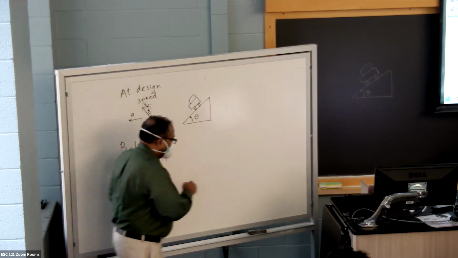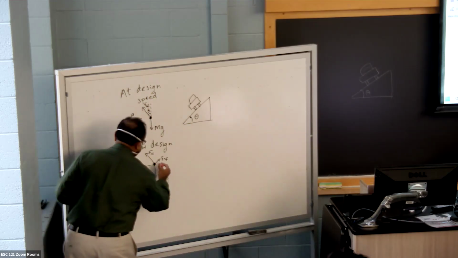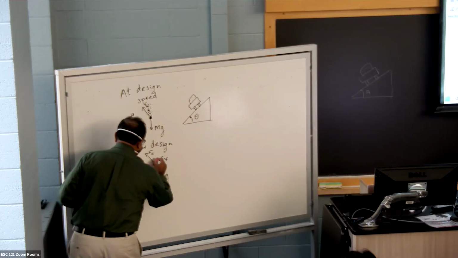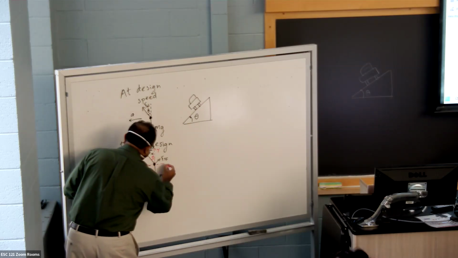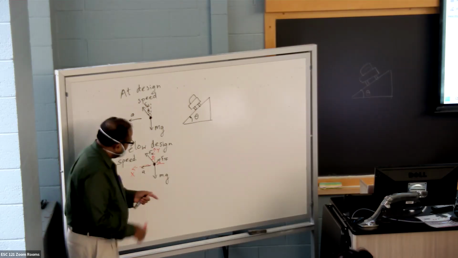So for this sort of diagram, when you're analyzing it, you would choose your axes so that the acceleration lies along one axis. So in this case, I would probably choose this as y, this as x, and then I figure out, well, I know that this is theta, and this is also theta. And then I write my equations.